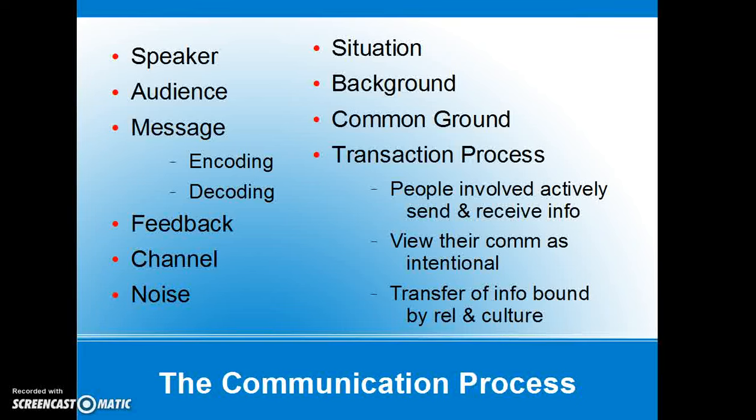Once the receiver receives the message, they will then decode it and provide some sort of feedback. And so when they decode it, they'll send it back through the channel to the speaker, and they will then at that point in time decode the feedback that the receiver of the message sent. Another term for receiver would be an audience member.